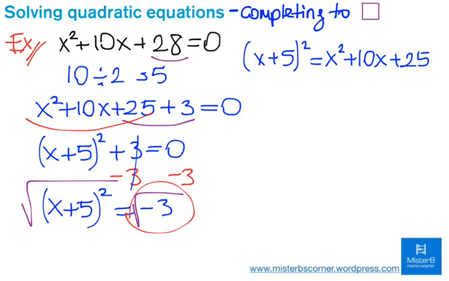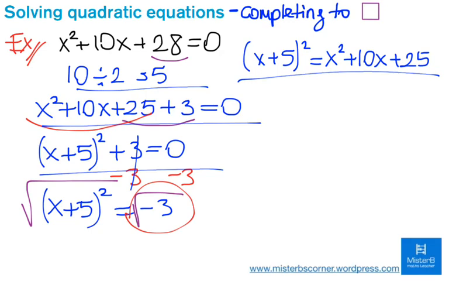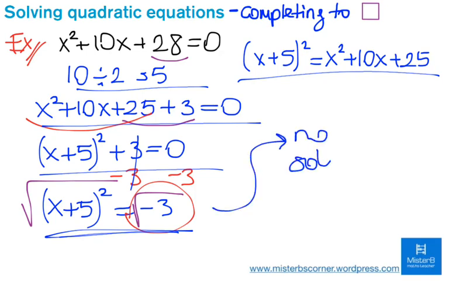So at this point, either I'm going to stop and double check all the work that I did, in case there's a mistake, or if I'm sure that there's no mistake in my work and I end up with this, then I'm going to say no solution. Why? Because I cannot take the square root of a negative number.